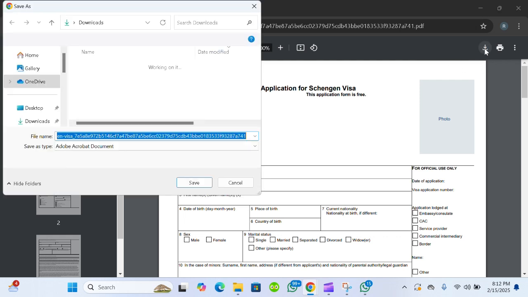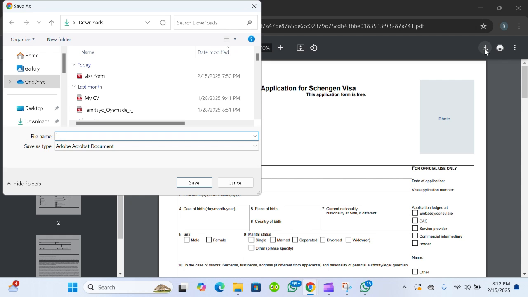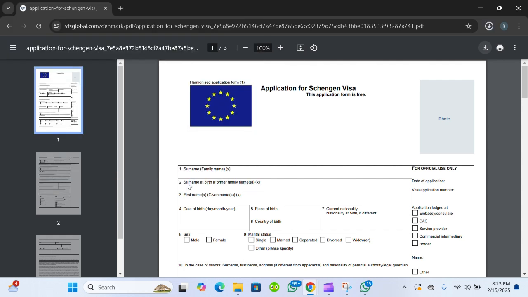Just click on download, and let's save it as visa application form. Let's save it on downloads and save.